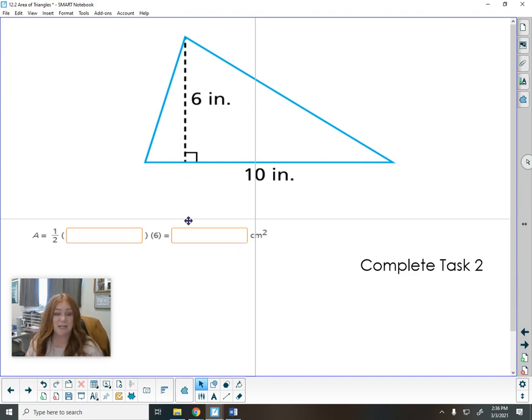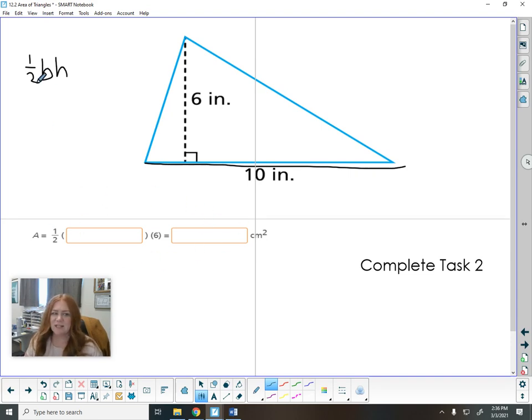Okay, so let's try this one here. Our base here is 10. So we want half the base times the height. Sometimes these are kind of confusing to look at, so I just like to write my own. I want half of the base, which is 10, times the height, straight up and down. If there happened to be a number over here, like a 7, we don't need that to find the inside.